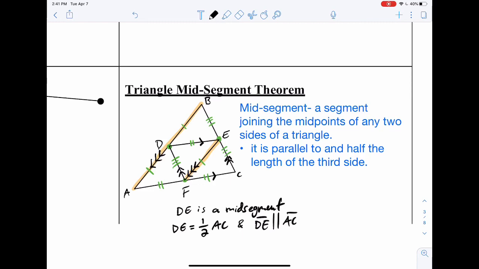And there you have examples of the mid-segments of a triangle.